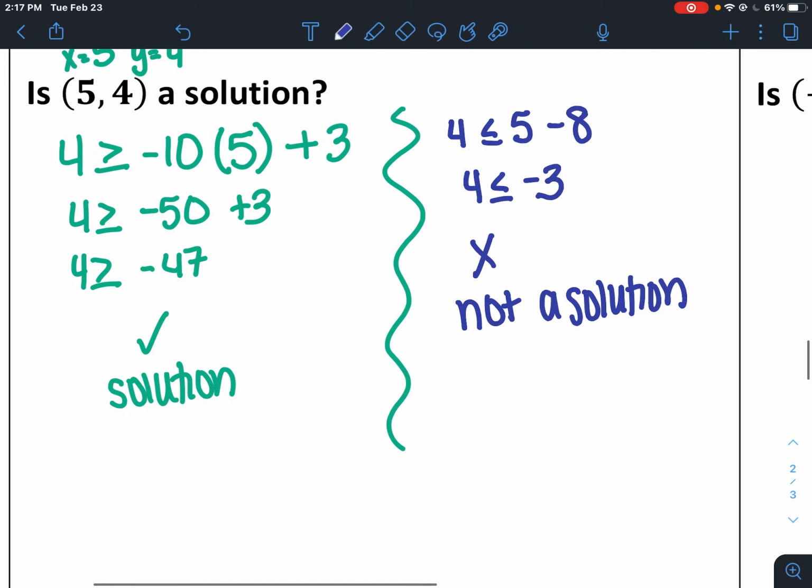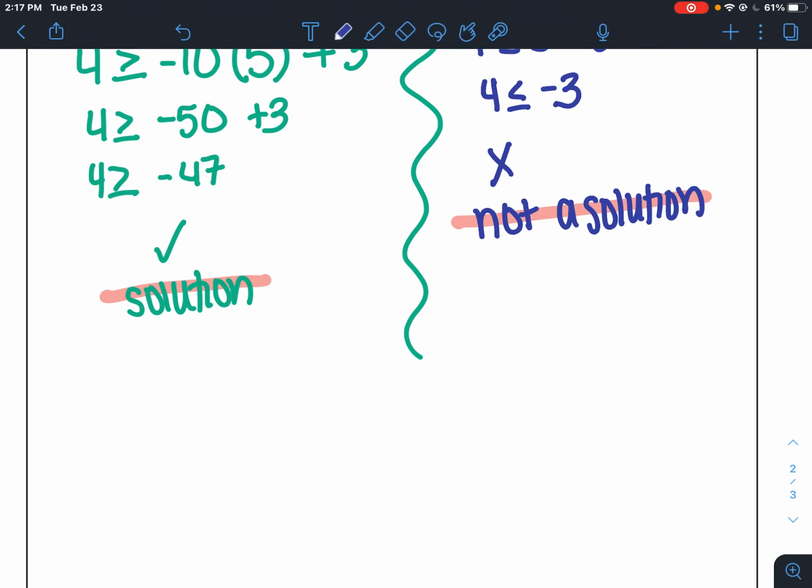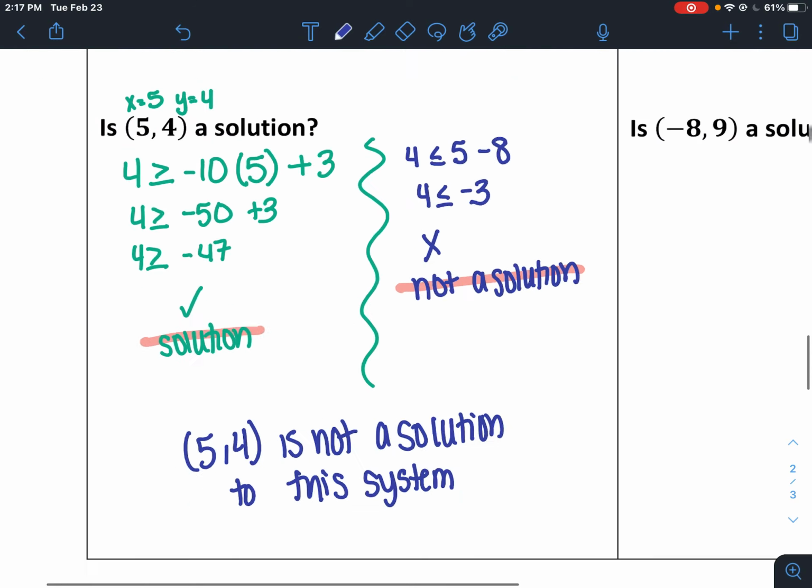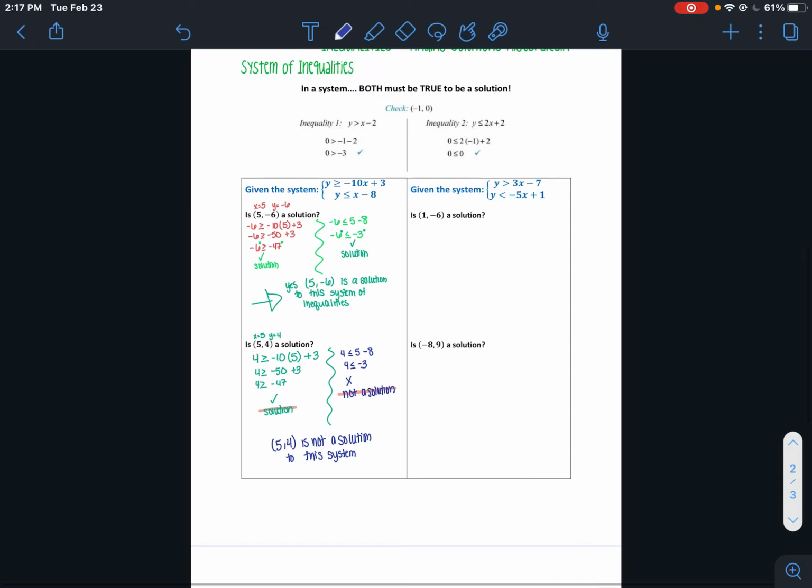So since we have one solution and one not a solution, overall, the point 5, 4 is not a solution to this system. Okay, so I did that one with you. Go ahead and try that last one.